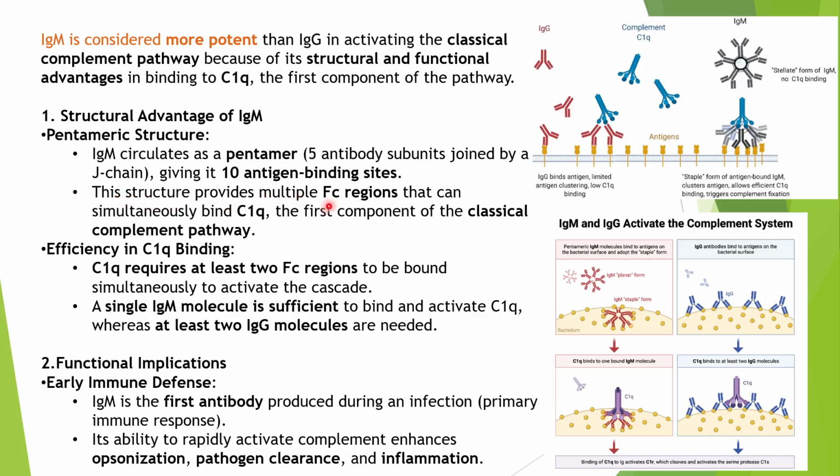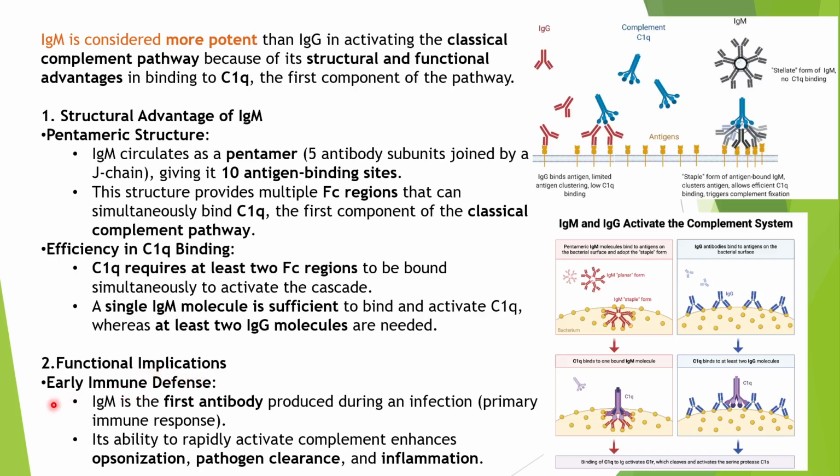So this structure provides multiple Fc regions that can simultaneously bind to C1q, the first component of the classical complement pathway. Efficiency in C1q binding: C1q requires at least two Fc regions to be bound simultaneously to activate. A single IgM molecule is sufficient to bind and activate C1q, whereas at least two IgG molecules are needed, because IgM is already in the circulation in its pentameric form.